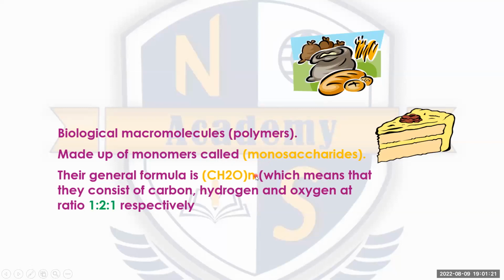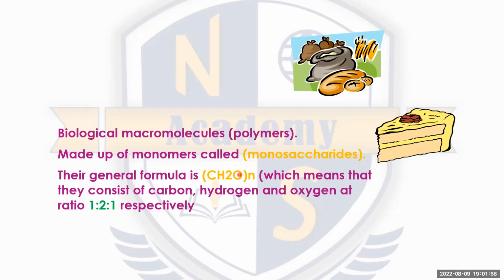As we said at the beginning of the session, the key element of organic molecules is carbon. Besides carbon, sometimes we find hydrogen and oxygen, and in other compounds maybe sulfur and phosphorus.